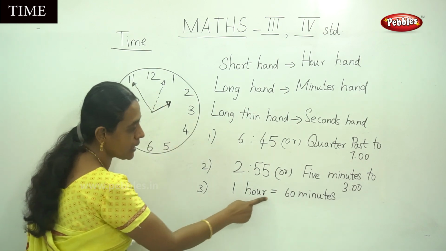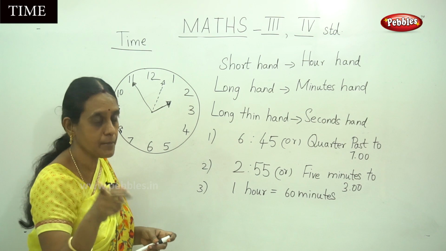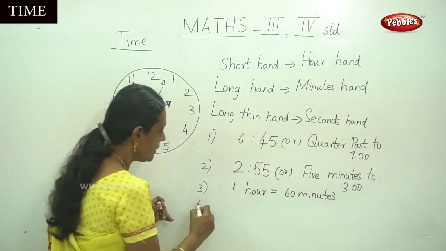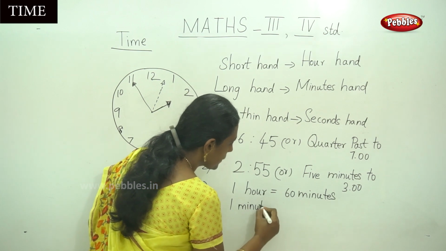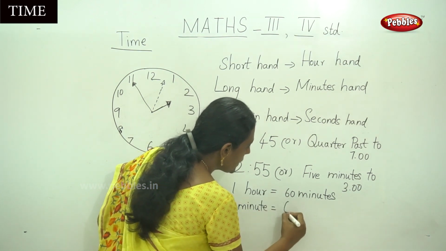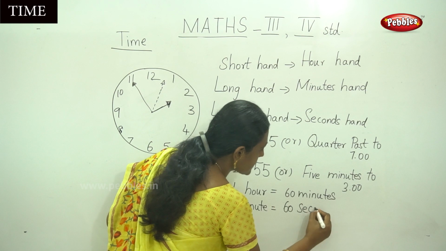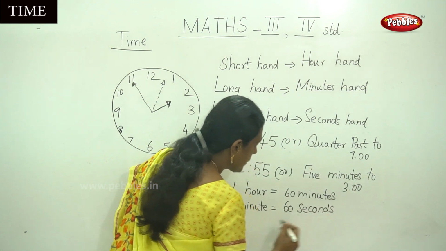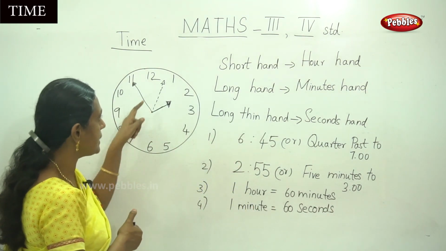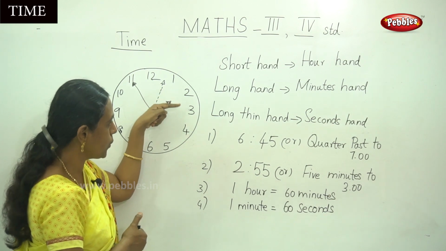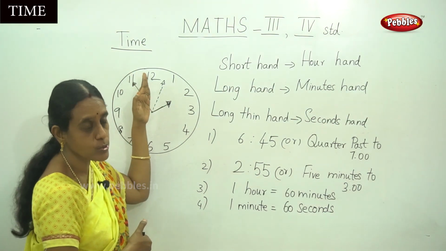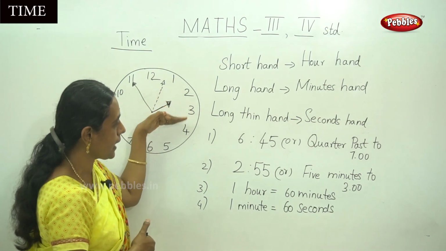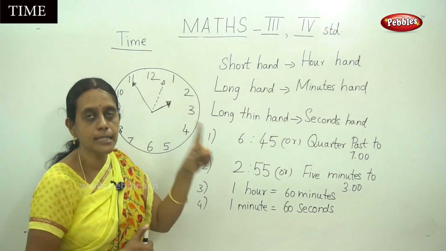That means 1 hour is equal to 60 minutes. Similarly, 1 minute is equal to 60 seconds. That means the second hand moves from 12 to 12 again. It moves 60 times, and that makes 1 minute.